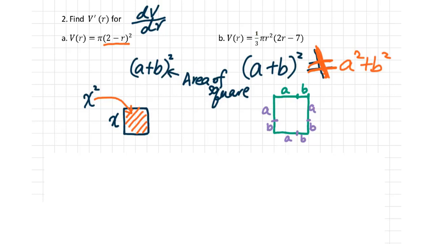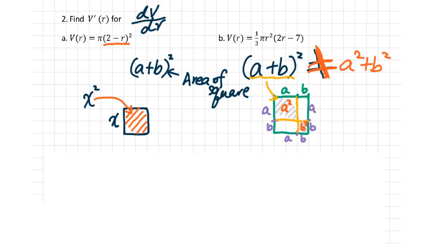For this area, we know this area is A plus B squared. So let's check this area. You could say that the area here is A squared, because for this square, the length is A. For this area, you could say this is B squared.